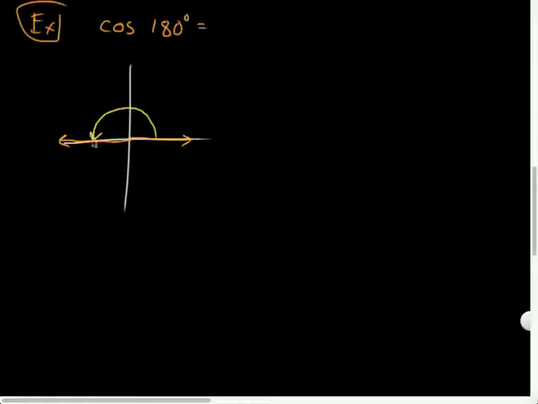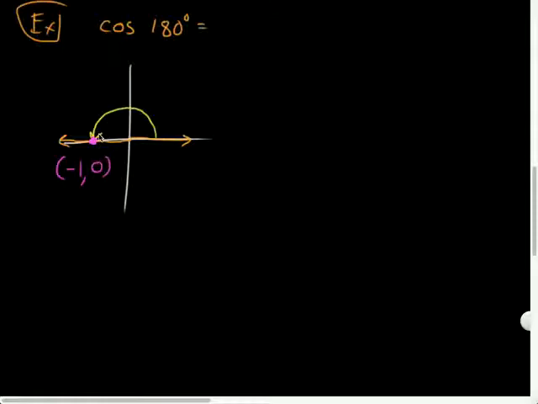And what would the coordinates of this point be if this was a unit circle? Well, if it's a unit circle, it's 1 unit away, so -1 comma 0. We'll talk about that later on in this lesson.